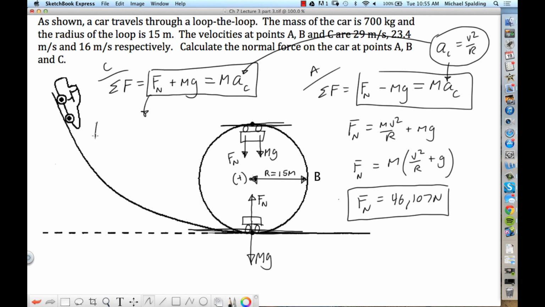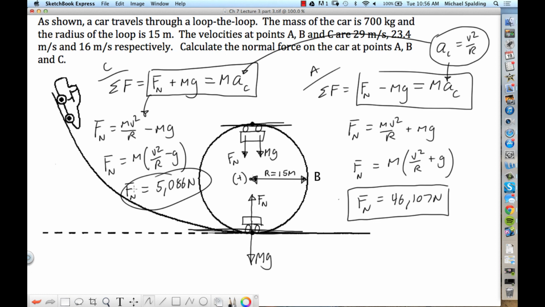So now solve this for normal force. Normal force is going to be mv squared over r minus mg. So factor out the m to make it a little easier. That's going to be v squared over r minus g. So then the normal force is 5,086 at the highest point, at point C.